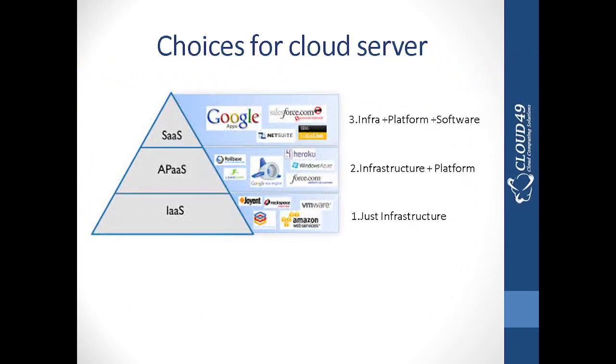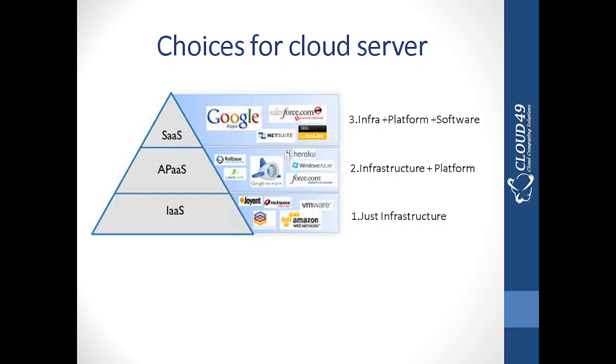So we can divide the cloud services in three categories. The first is what? Just infrastructure. It is just like a blank, or you need to have a space, a banquet hall, only space, you don't need anything in it. This type of service we call IaaS, infrastructure as a service.